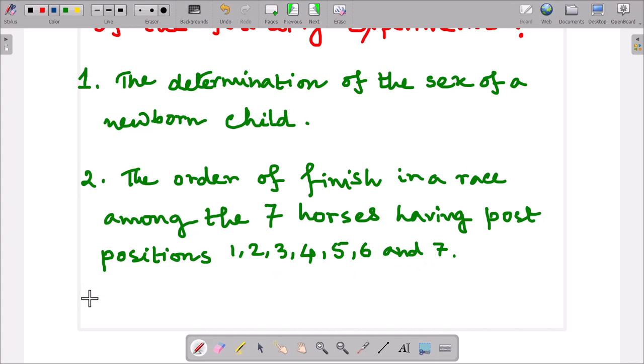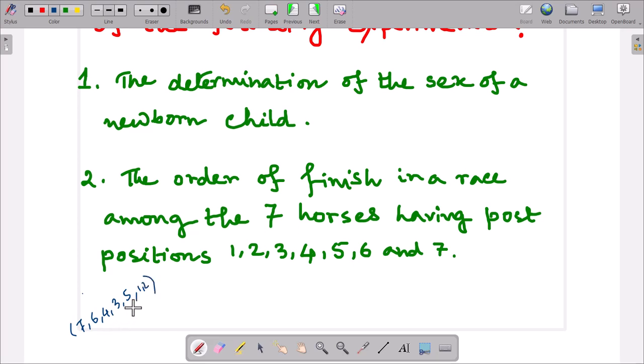What does it mean? See, before starting the race, the horses are labeled by these numbers. Now, if the outcome is 7, 6, 4, 3, 5, 1, 2, what does it mean?